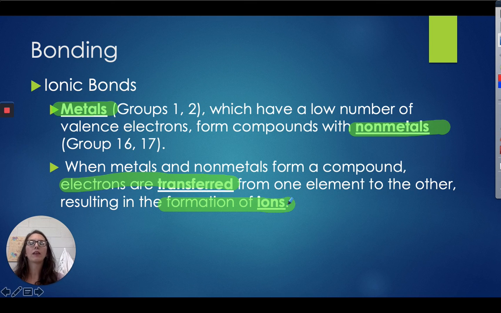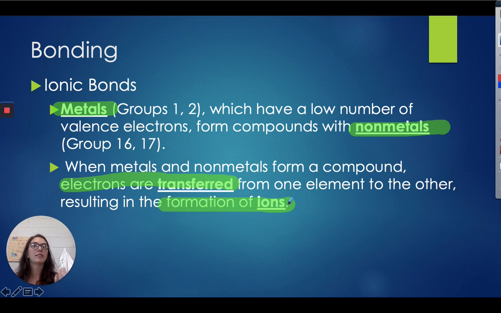Okay, so think about it. We learned that atoms have an equal number of protons and electrons. Well, if an atom gives an electron away, then now it's going to have less negative particles, more positive particles, and so it's going to become positive. It's a positive ion.